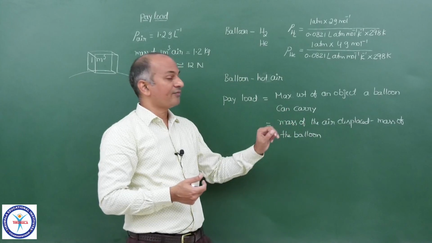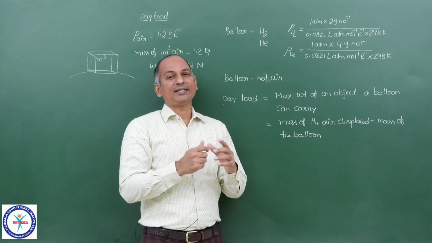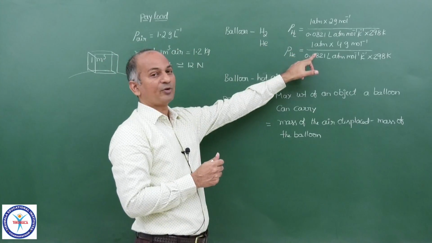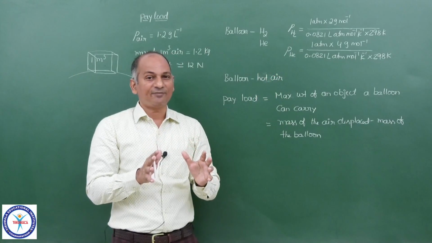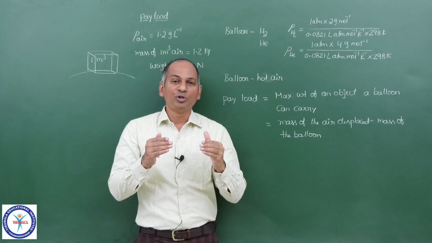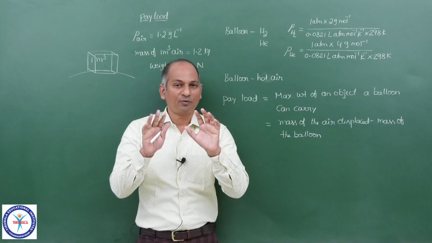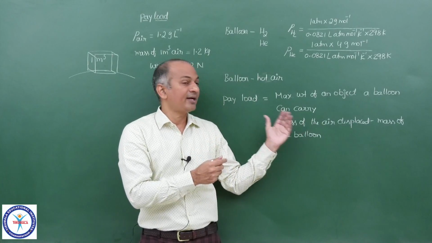And how do you get the mass of the air displaced? Simple. First you calculate the density. You can use this formula, PM = dRT. By using this formula, you can calculate the density first, then volume of the balloon is equal to volume of the air displaced. Now you know the volume of the air, you know the density of the air, and you can calculate mass of the air displaced.